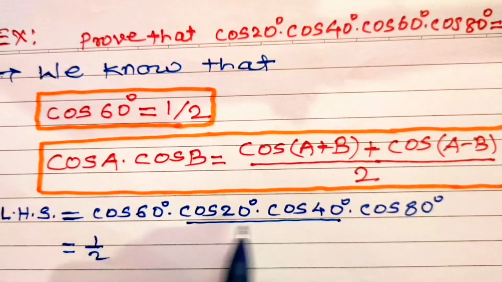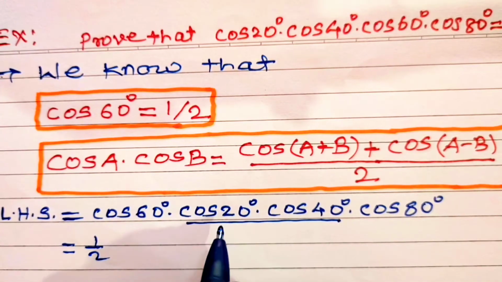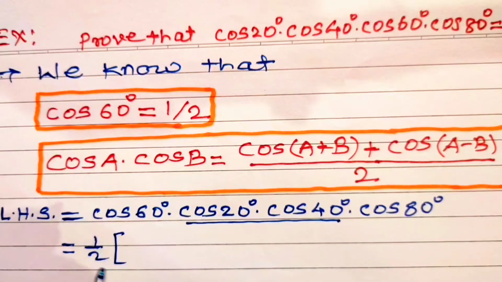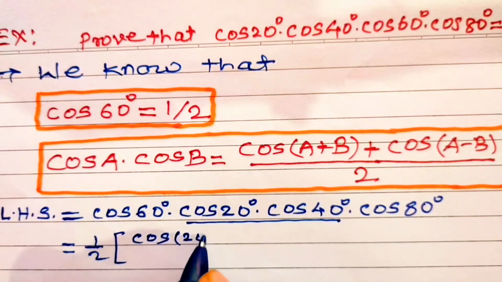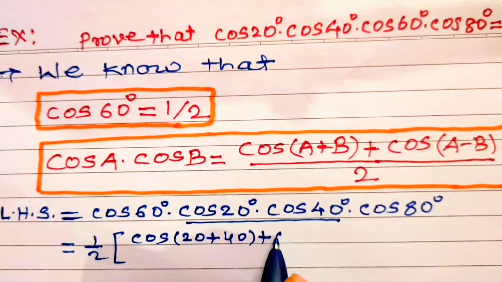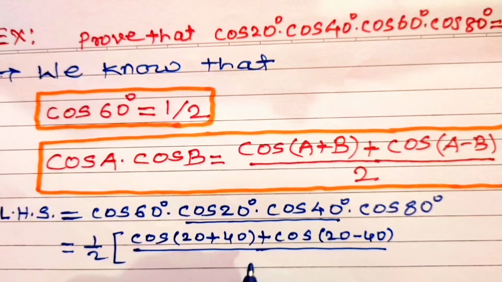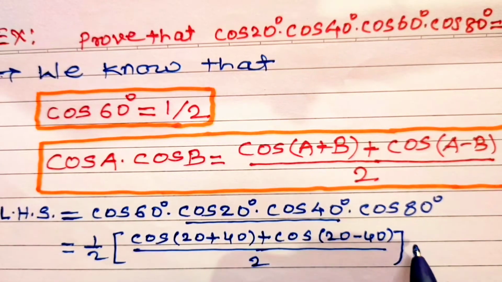For this multiplication of cosine functions we have to apply this formula. So into bracket, A is 20 suppose and B is 40 suppose, then cos of 20 plus 40 plus cos of 20 minus 40 divided by 2, and this cos of 80 degree, keep this as it is.